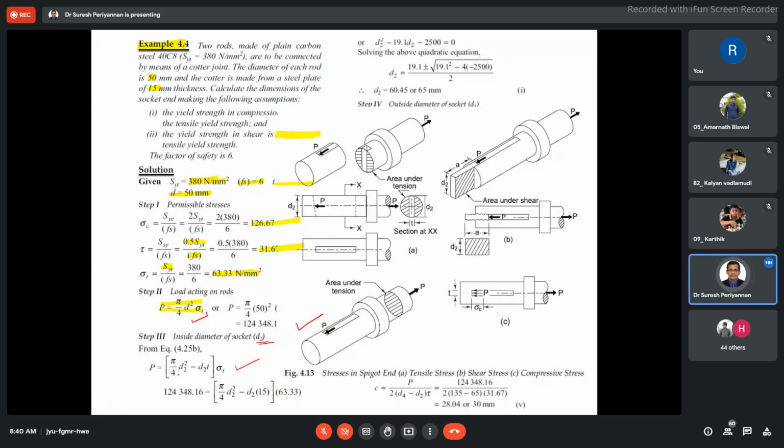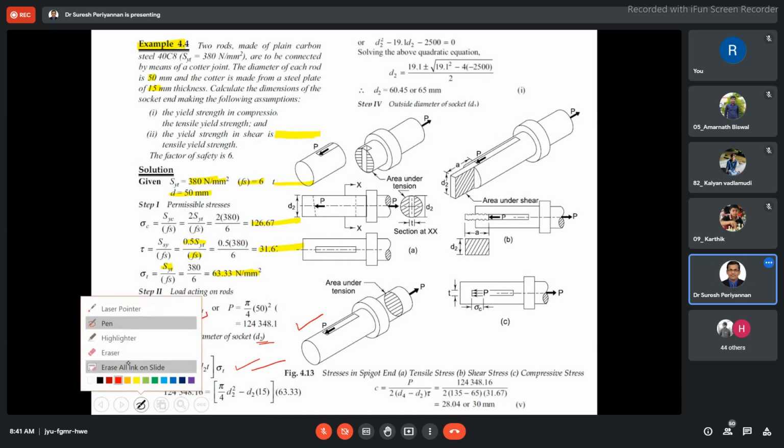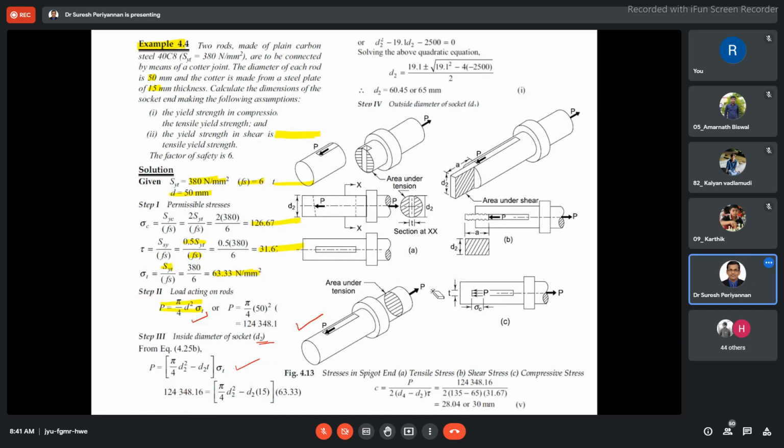Equation 4.5b, the tensile load, inside diameter d2: pi by 4 times d2 squared minus d t. Here, socket, this is socket. One minute please, sorry, this is a spigot. This is spigot only. I come to this figure. I added both figures. This is one figure, here 4.13a.